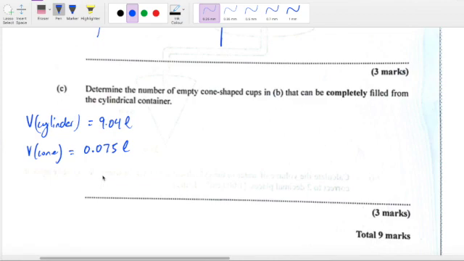And therefore, 9.04 divided by 0.075 gives us about 120 containers.